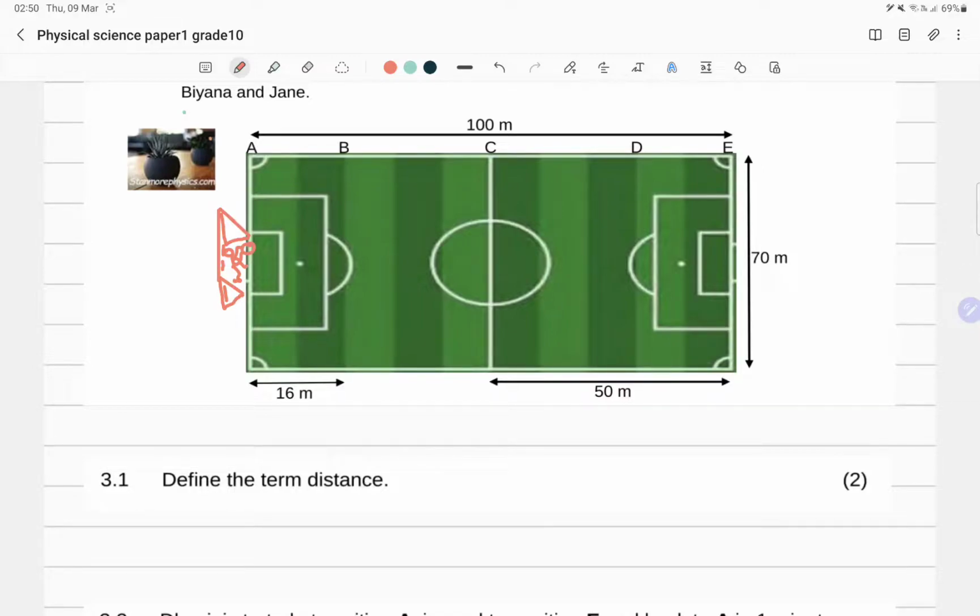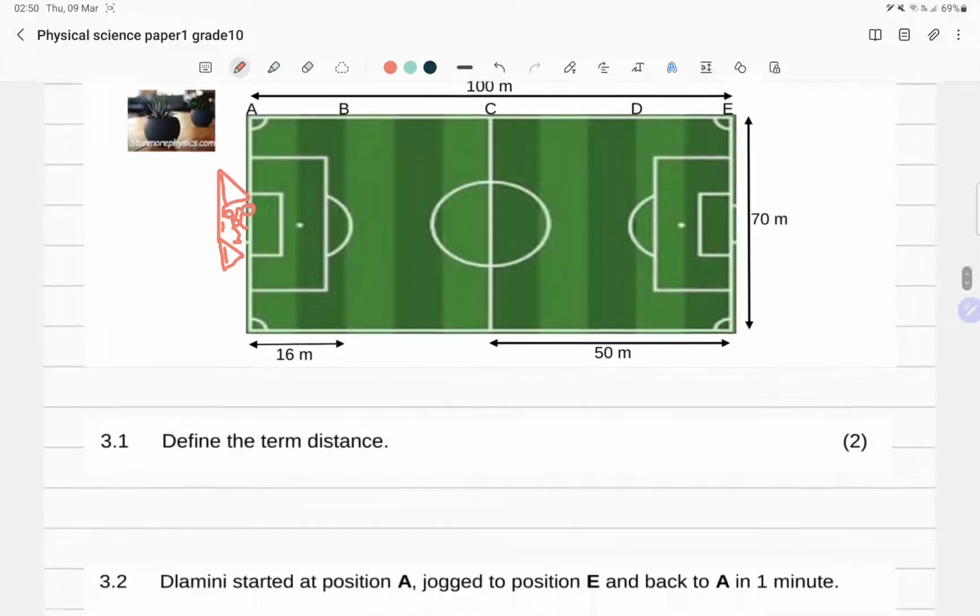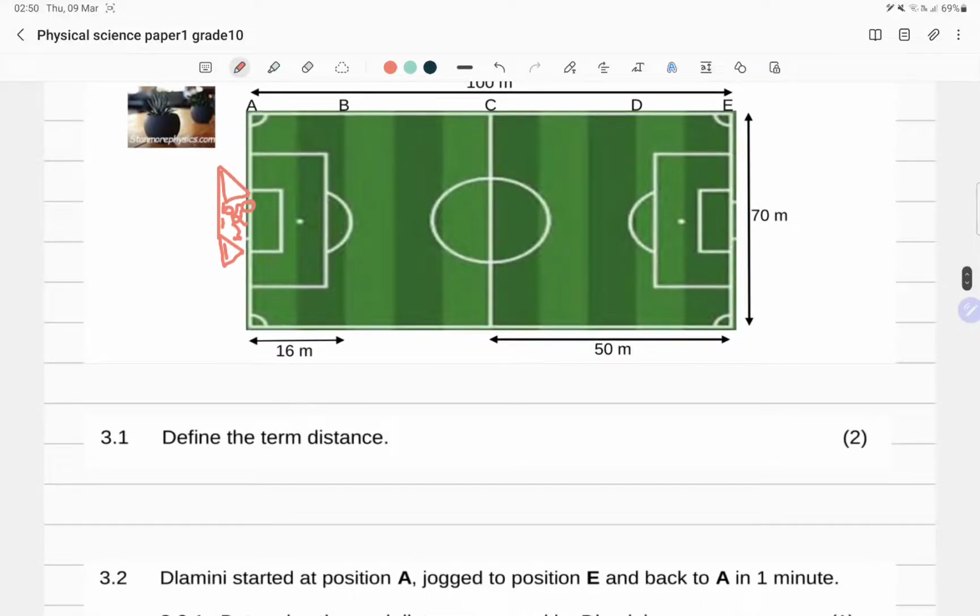Define the term distance. Distance basically is just the total path. This is a stupid question, they should never ask this question. What is distance? Distance is distance, that's just a common English word. What else can we say?